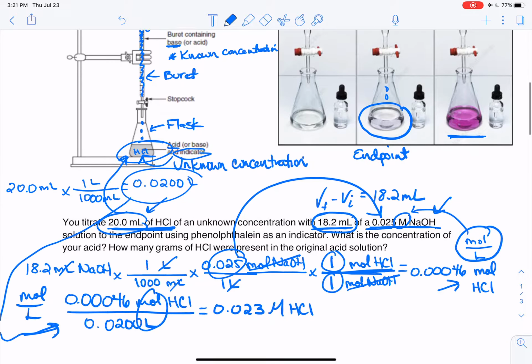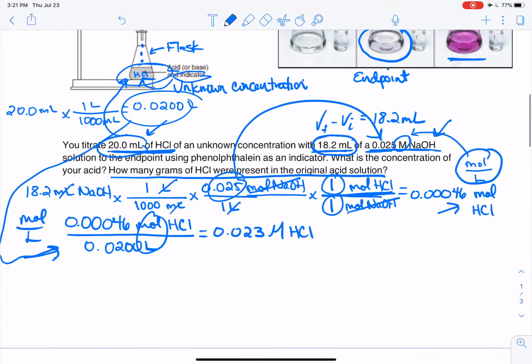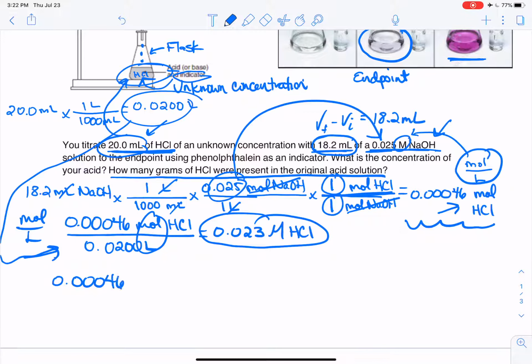Now that's not the end of the question because it says how many grams of HCl were present in the original solution. So this is one of our answers. Now we know how to go from moles to grams and grams to moles. So let's back up and use the moles over here. So we have 0.00046 moles of HCl. So we need to convert that to grams. So we're going to put 1 mole of HCl on the bottom, and we're going to put grams of HCl on the top.